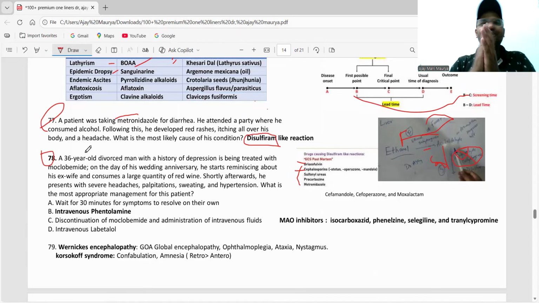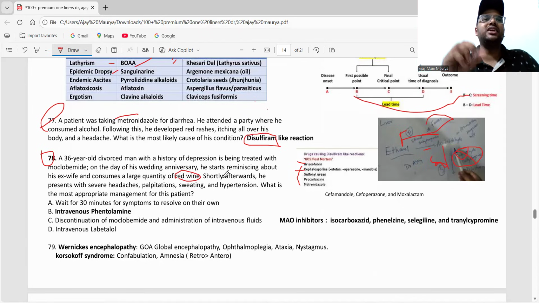On the day of his wedding anniversary, he started reminiscing about his ex-wife and consumes a large quantity of red wine. Oh my goodness! This is also like disulfiram reactions. Shortly after that, he presented with severe headache, palpitation, sweating, hypertension. What is the management? Oh my goodness, what happened to this guy?